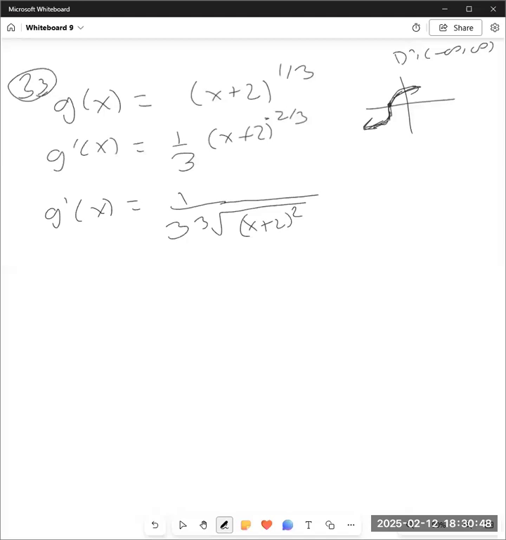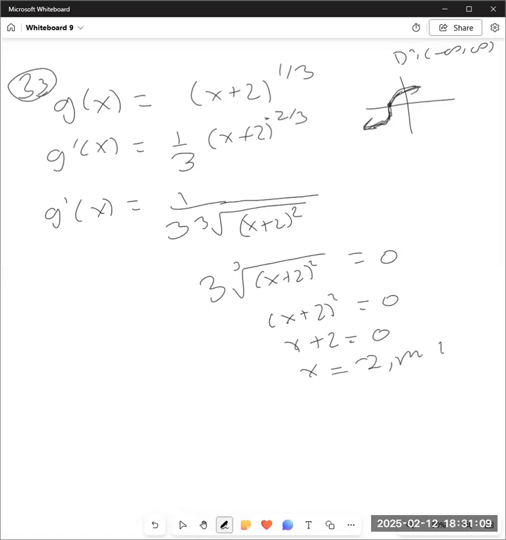So take 3 times the cube root of x plus 2 squared, set it equal to 0, and divide by 3, cube both sides, x plus 2 squared equals 0, x plus 2 equals 0, x equals negative 2, multiplicity 2, so I don't expect a sign change, and that's going to be negative 2.